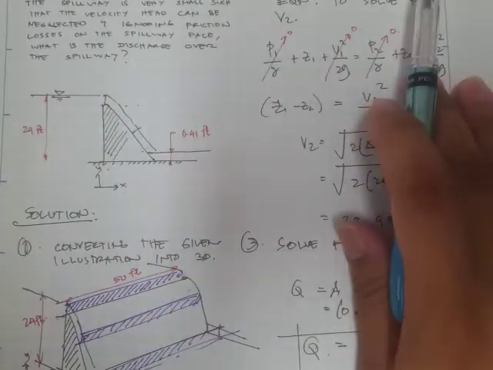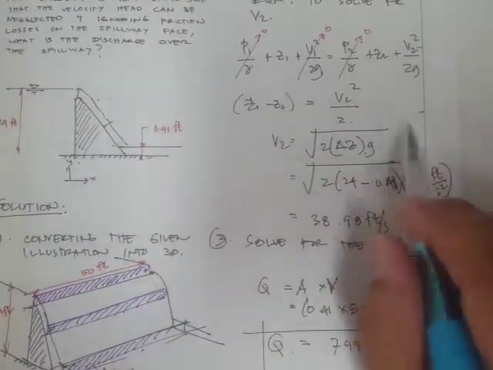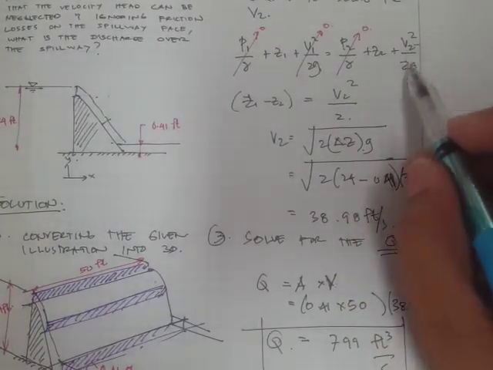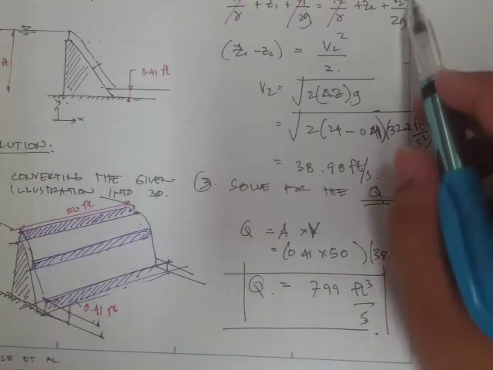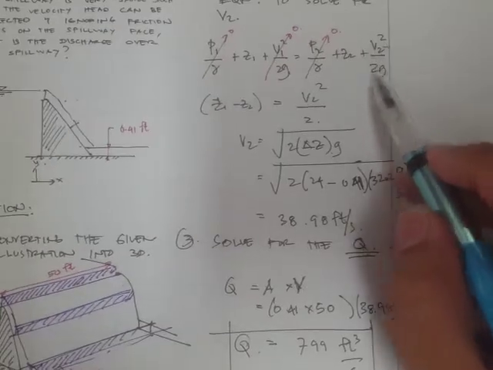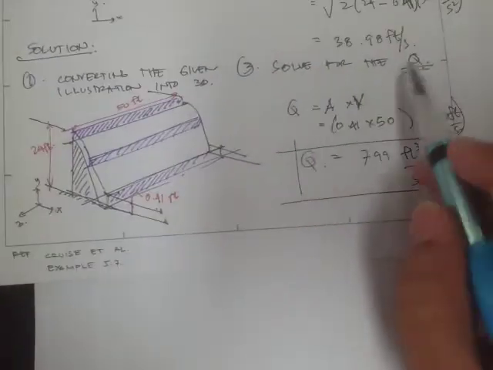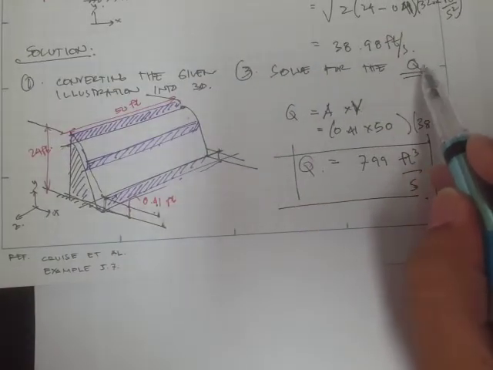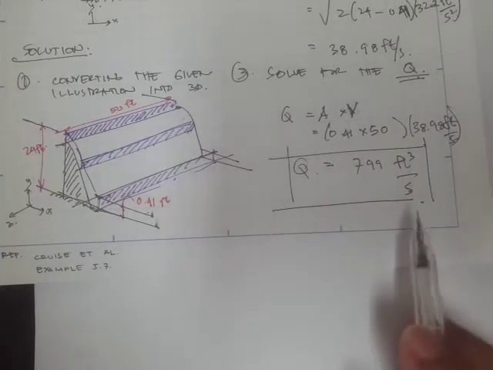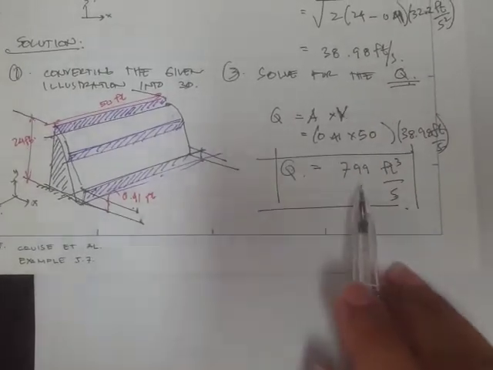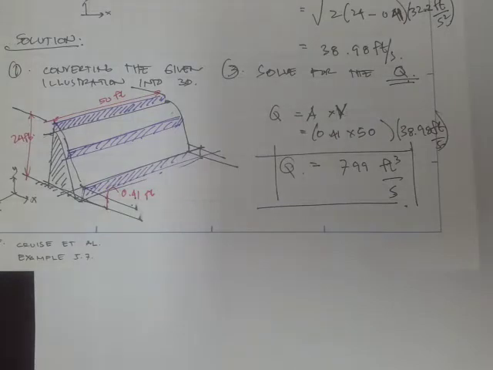Therefore, we apply the Bernoulli's equation, and we can solve for the velocity at point 2. And once we have the velocity at point 2, then we can solve for the discharge, that's the volumetric flow rate. Okay, so that's 799 feet cubed per second.